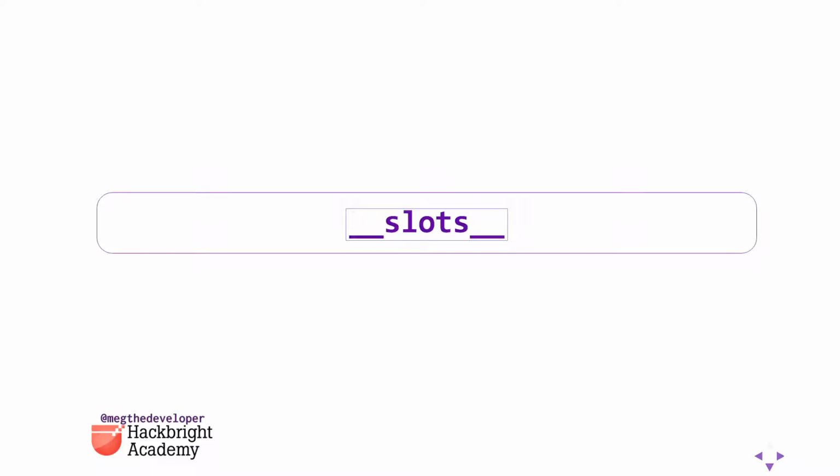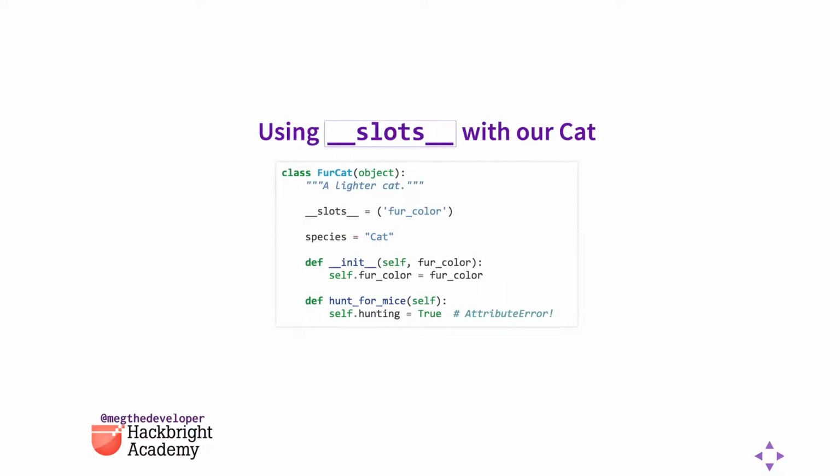So enter Dunder Slots. Let me start with the fur cat here. We're defining Dunder Slots as basically all the instance attributes that my cat class is allowed to have. Species is fine there. We don't have to define species inside Dunder Slots. It's just about the instance attributes. So when I initialize a cat, I'm good.